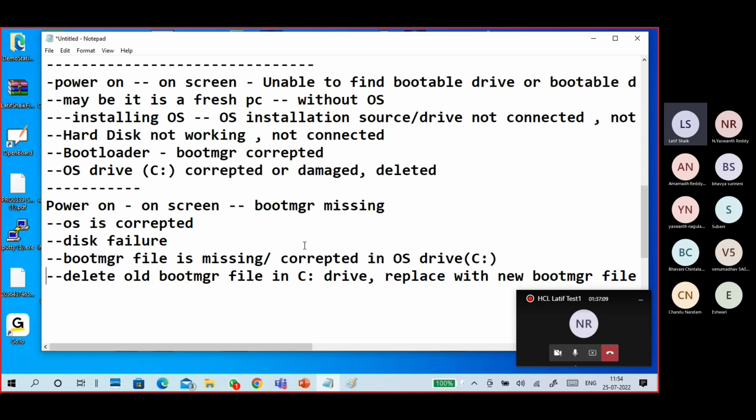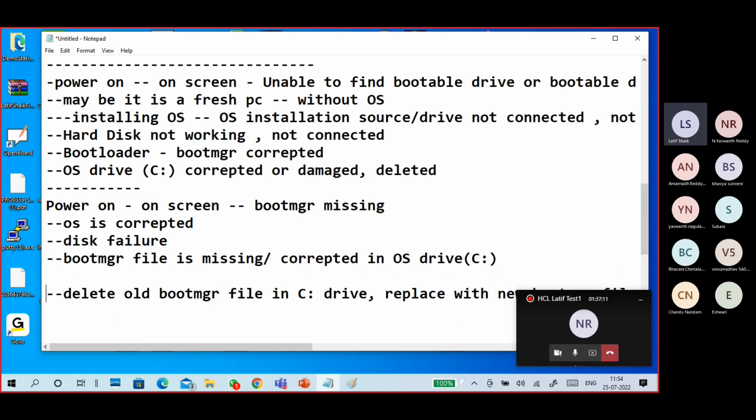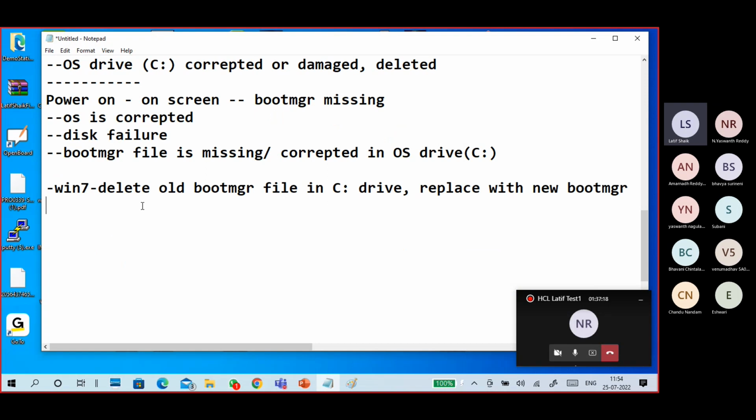Okay, this is a very old technique. If you are on Windows 7, this is basically the old technique we use. So how to replace it?